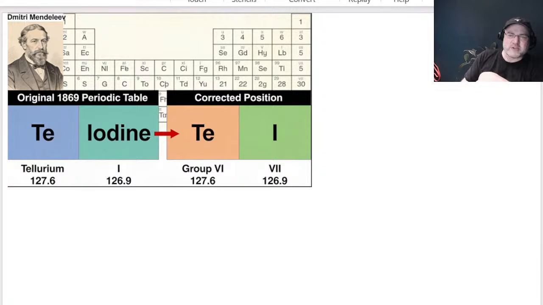That was the original position, and then he switched them up. Now tellurium comes first, then iodine. The reason is because he found that iodine was more similar to the other halogens. So he was like, no, I'm putting iodine there and tellurium's getting moved. He switched them based on their chemical properties, and so their weight order is slightly different.